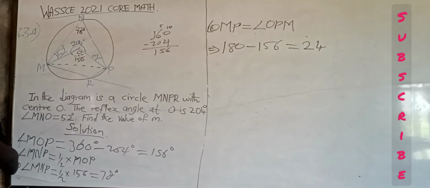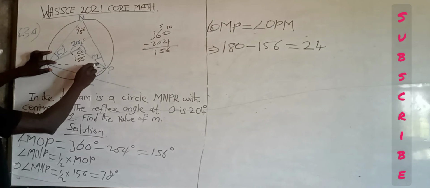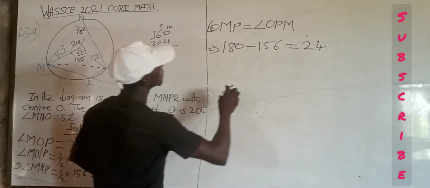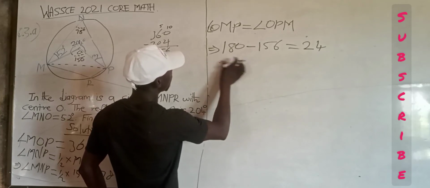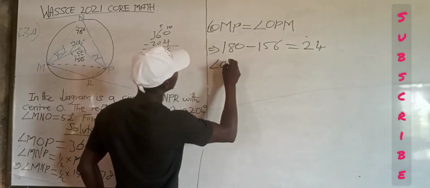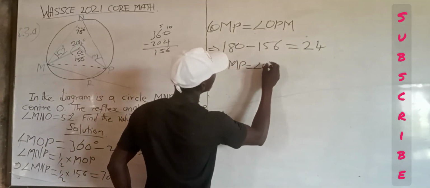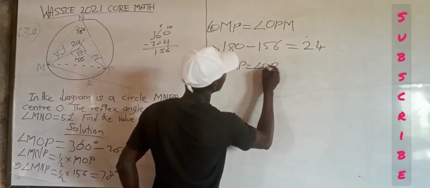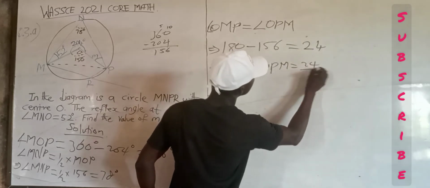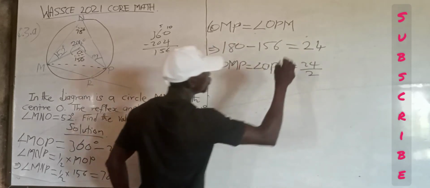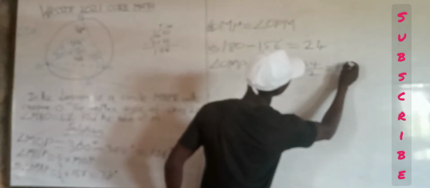Out of the 24, we divide it to get the angle here and the angle here. So angle OMP equals angle OPM, which equals 24 divided by 2, and that will give us 12 degrees.